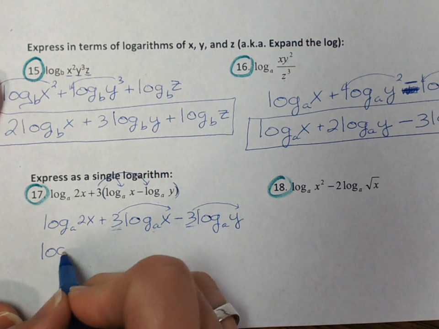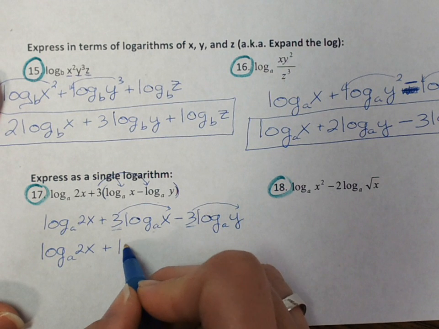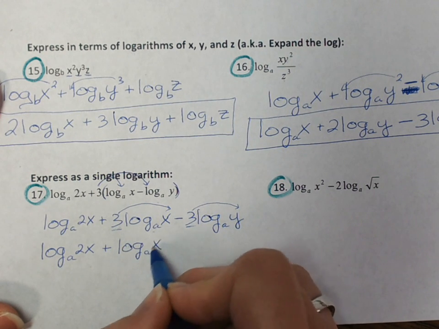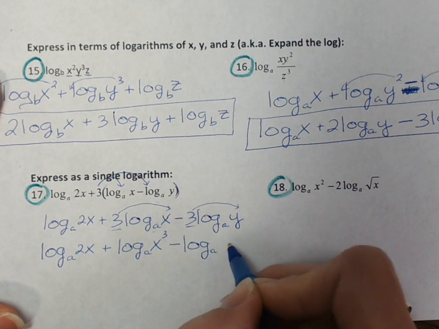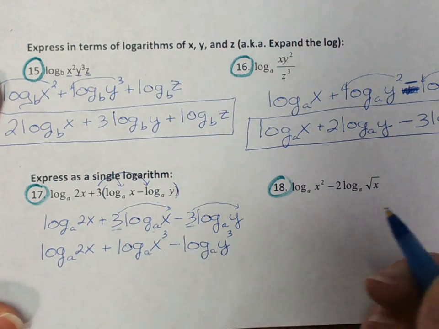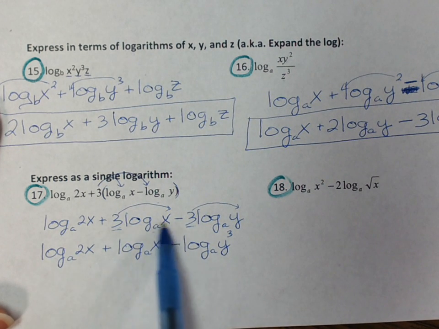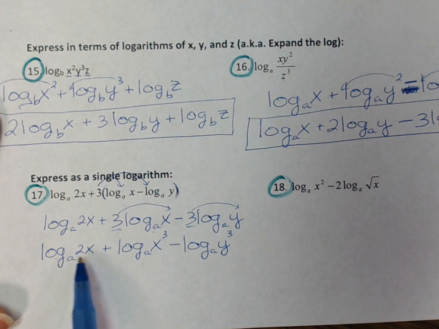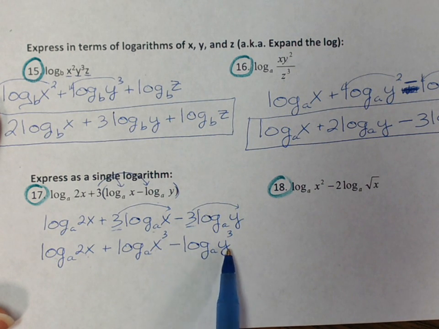So this is going to be log base a of 2x plus log base a of x cubed minus log base a of y cubed. And we're almost there. We're going to put this all in one term. So we know that logs with arguments that are being added means that I can put them in a single log and multiply those things. Okay? And then if it's being subtracted, I can divide.